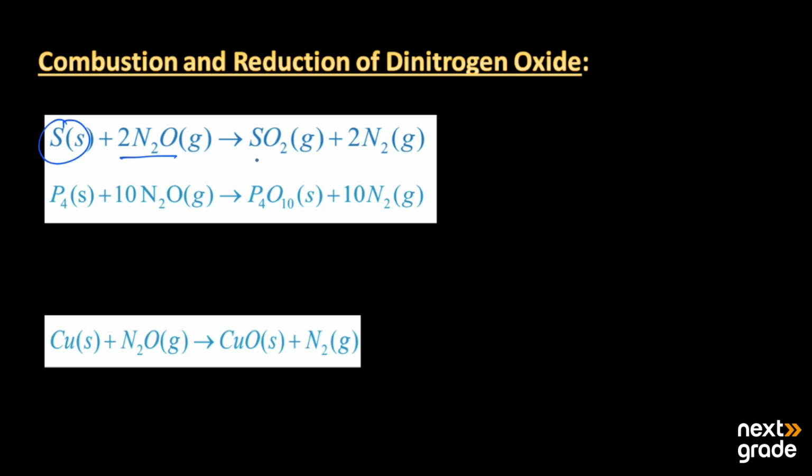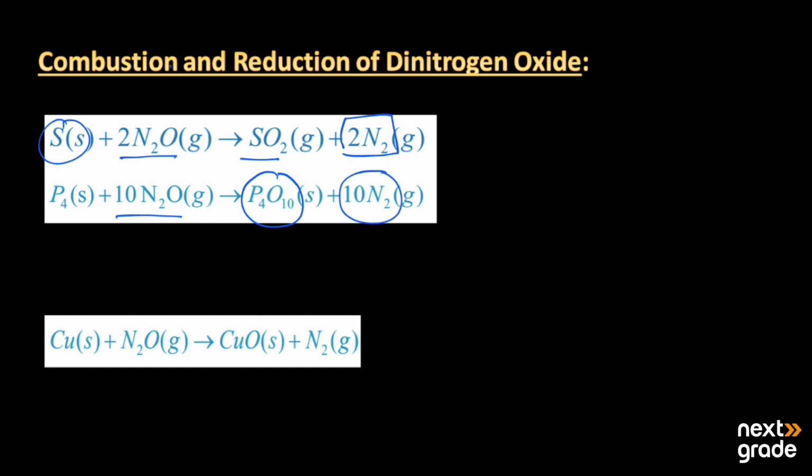It can make sulfur dioxide along with the production of nitrogen gas. This is a simple reaction of dinitrogen oxide with sulfur. After this we have its chemical reaction with phosphorus, which is in the P4 state. Dinitrogen oxide on reacting with it produces phosphorus oxide along with nitrogen gas.